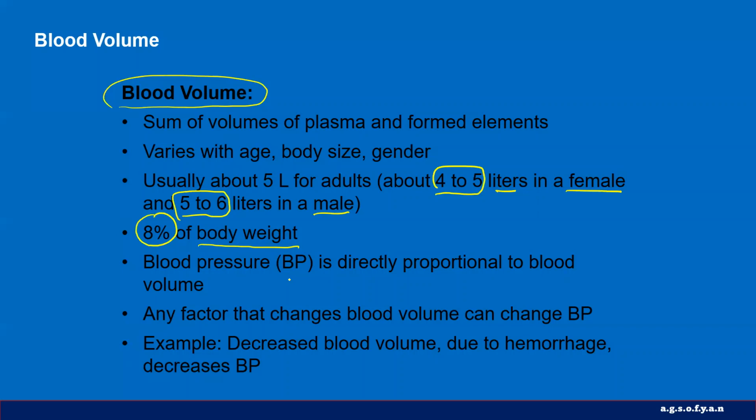And again, the blood pressure is directly proportional to the blood volume. So it means that mostly males will have higher blood pressure compared to females, because males have more blood volume.